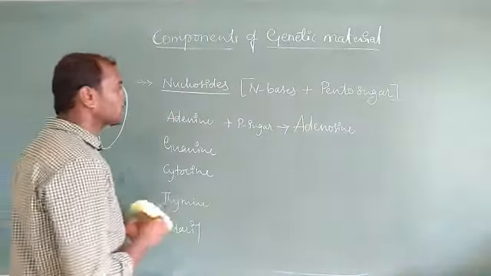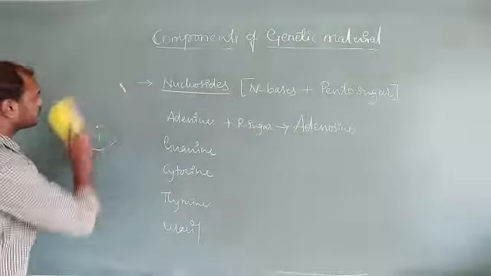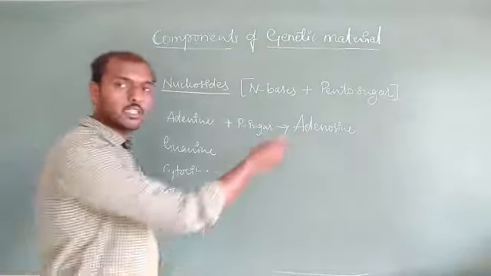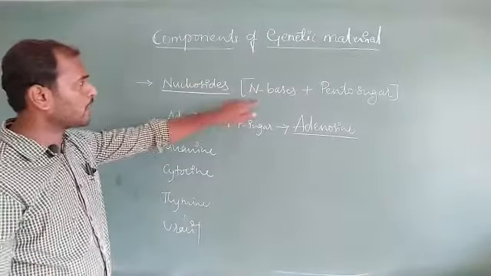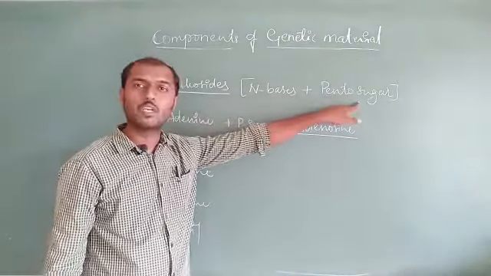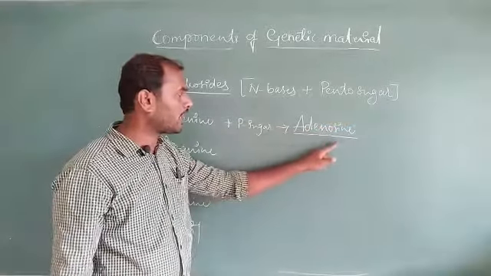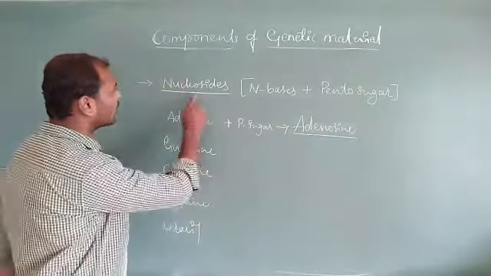So this is a new name for the complex. What is that complex? It is made up of nitrogen base plus pentose sugar. That is what we call adenosine. Adenosine is a nucleoside.